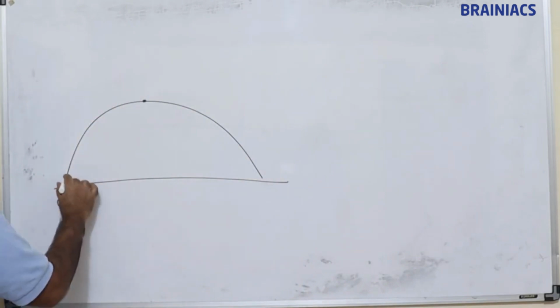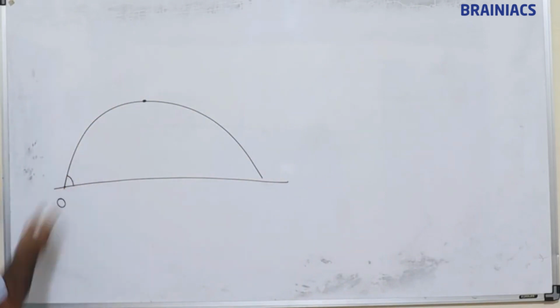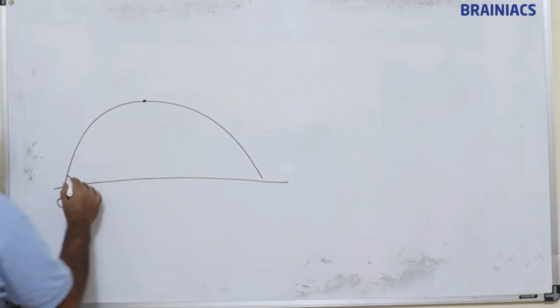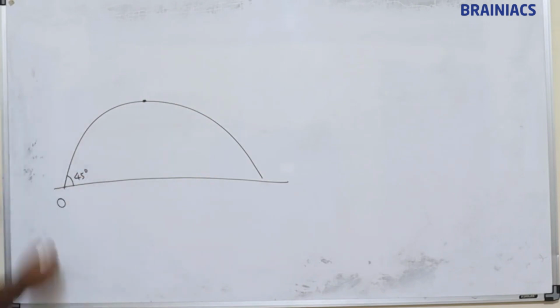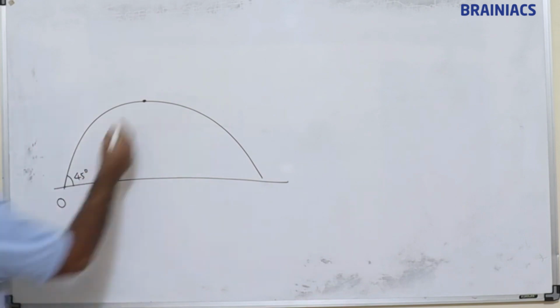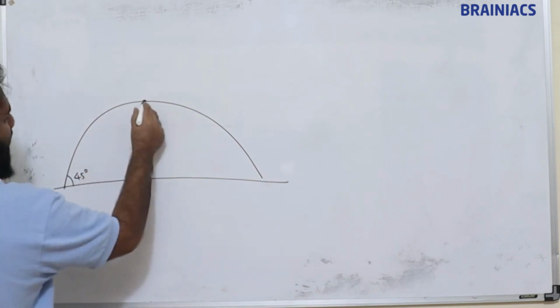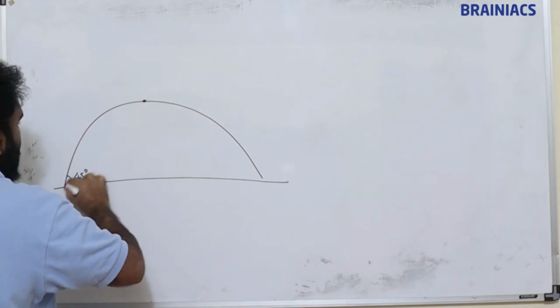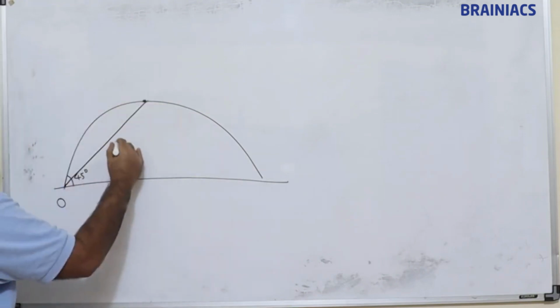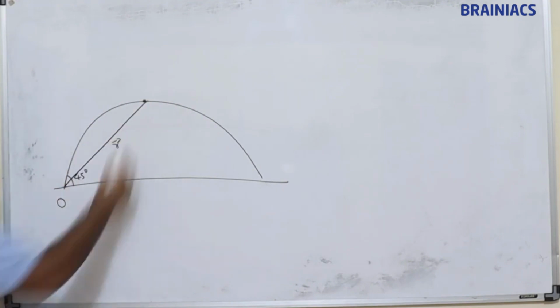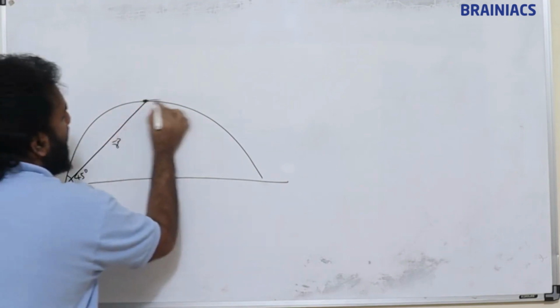Right. Now this is projected at an angle 45 degree, and what we need to find is the angular momentum here. So this distance is the r vector, and what is the velocity here?